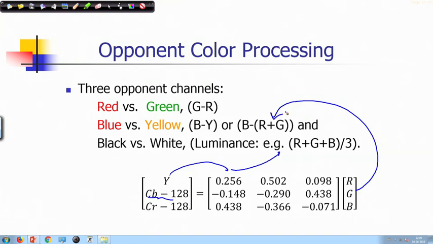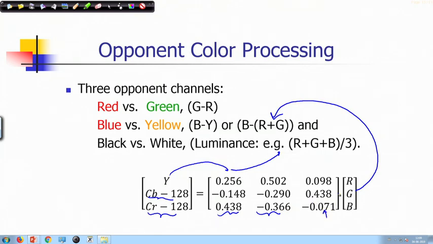And Cr is the red part, where you subtract the major component green, and also some amount of blue.